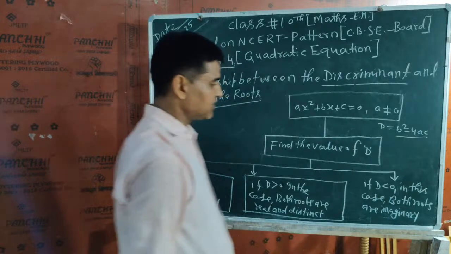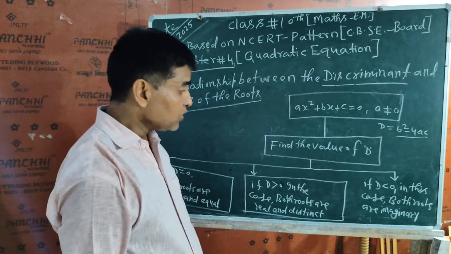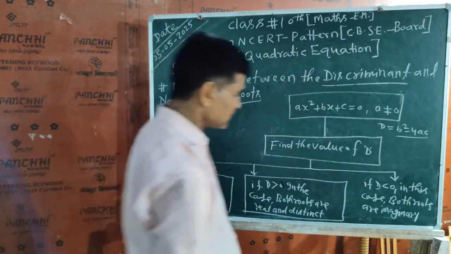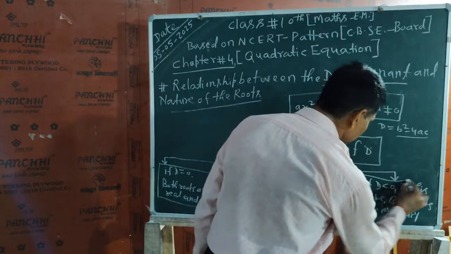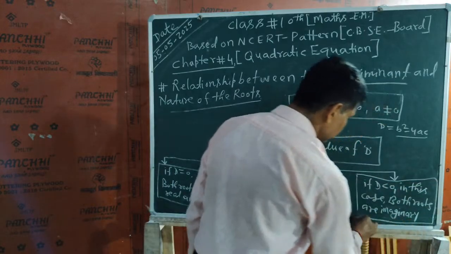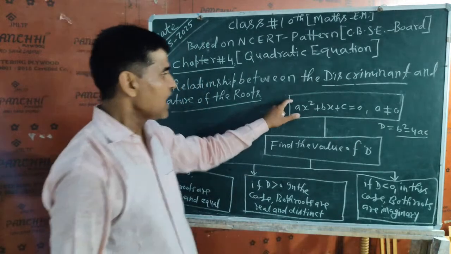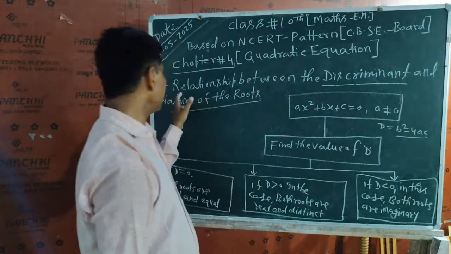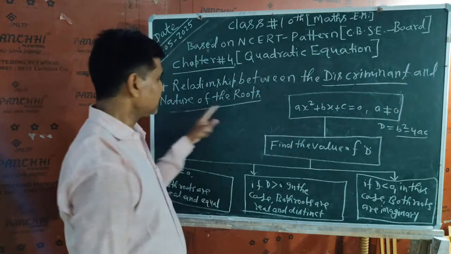In other words, we can say that roots are not existing, that is imaginary. So this is the quadratic equation, and we have to explain the concept of the relationship between discriminant and nature of the roots.